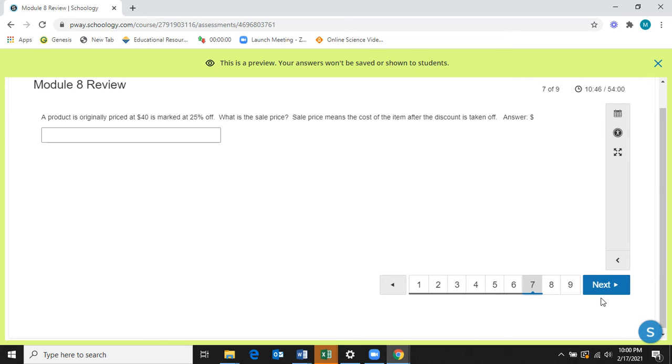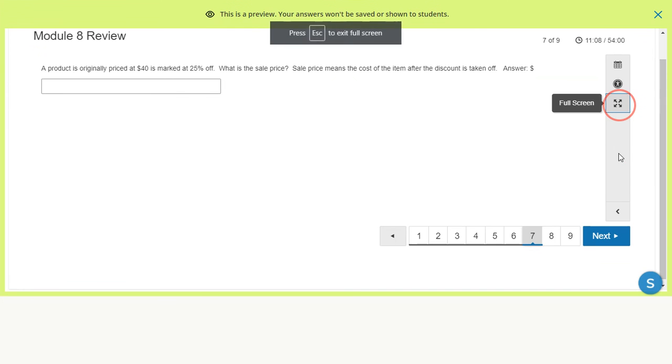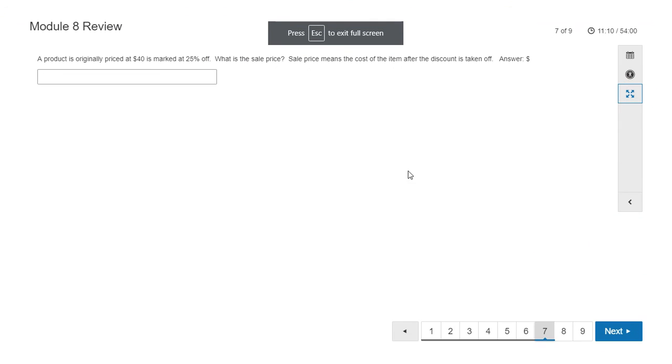A product is originally priced at $40. It's marked off at 25%. What is the sale price? Sale price means the cost of the item after the discount is taken off. So we could use a bar model. We can also set this up. I want you to think $40.